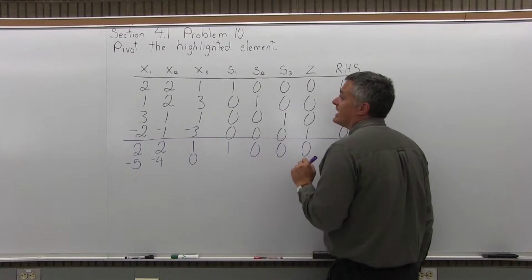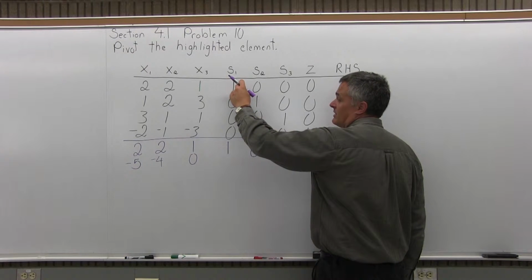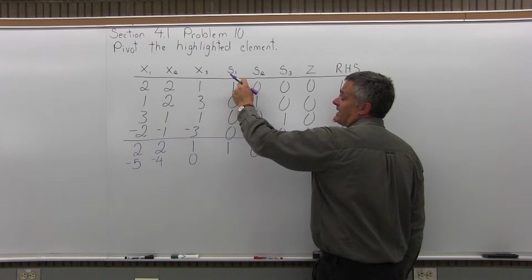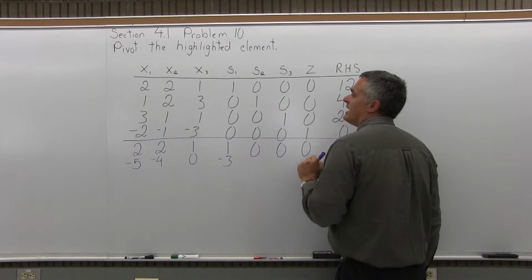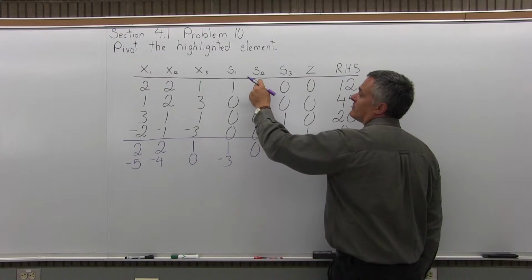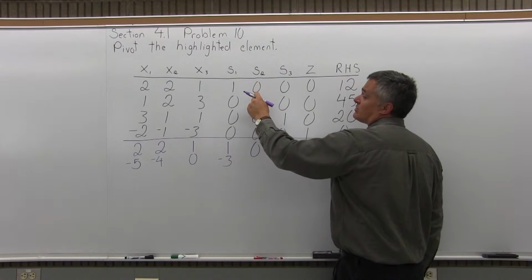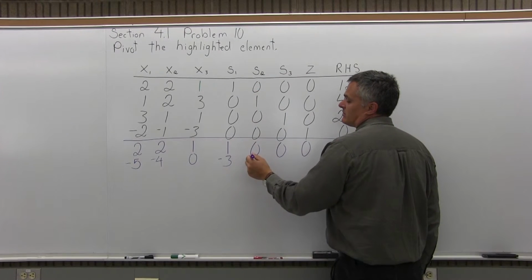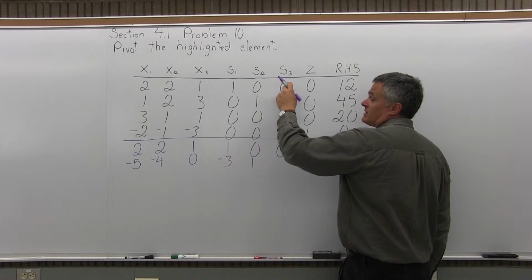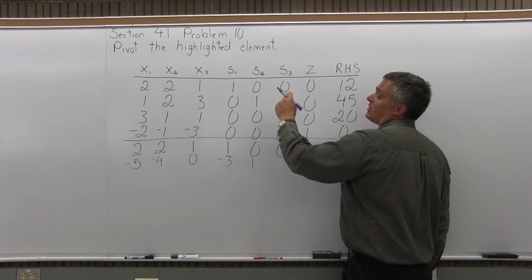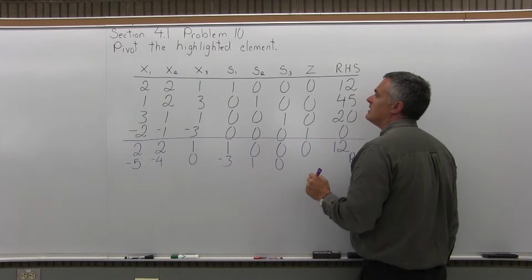The next position, -3 times 1 is -3, and adding that to row 2's 0, -3 plus 0 is -3. Next, -3 times 0 is 0, plus 1 is 1. Then -3 times 0 is 0, plus 0 is 0.